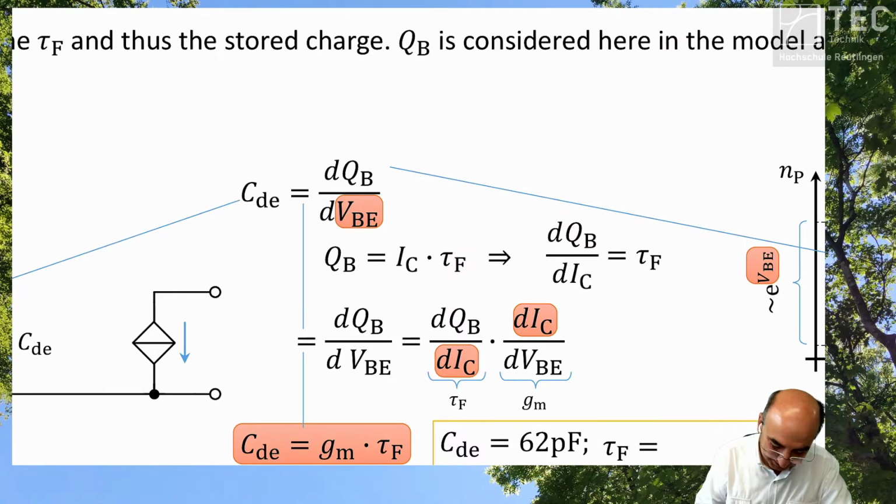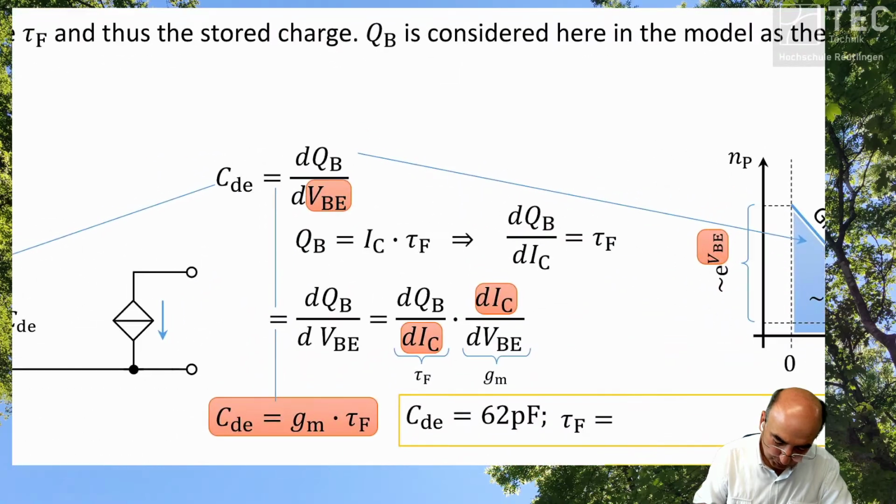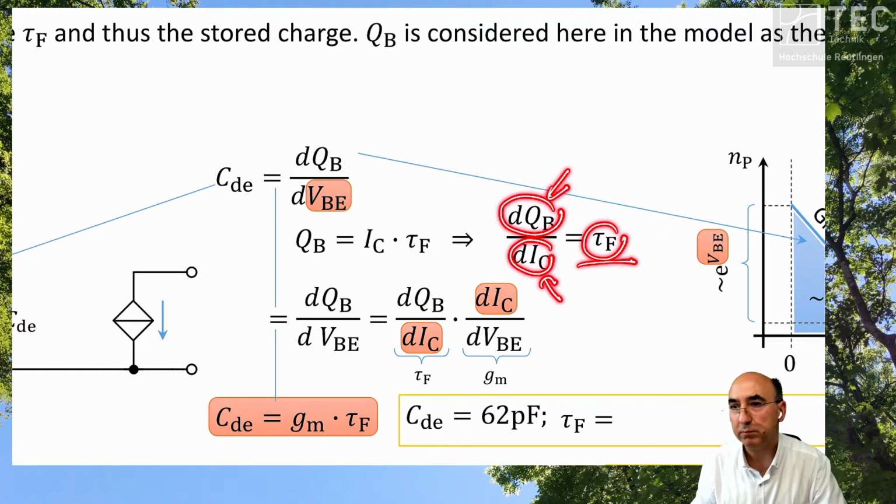So it is the time to pass the neutral base for the electrons and the current level. It's the charge. So what is then constant? The transition time. So the change of the charge as of for IC is constant. If you increase the change of the charge, you increase the change of the current.